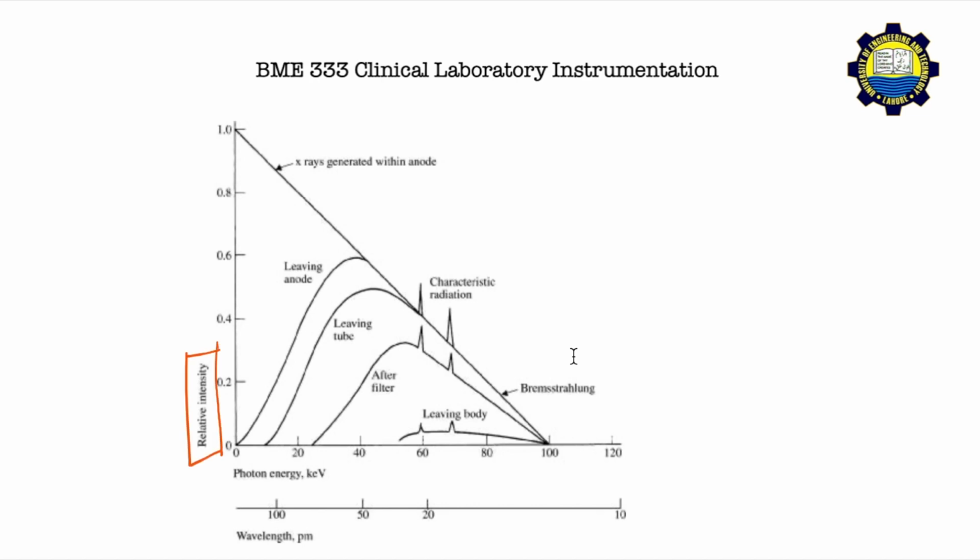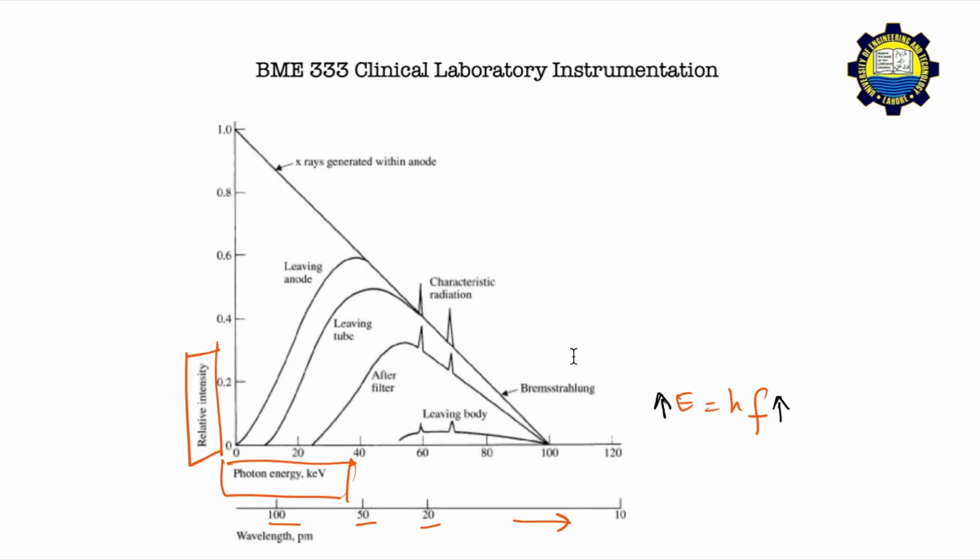On the x-axis is the photon energy. The wavelength is decreasing, as you can see. We are already familiar with E equals hf. So if the wavelength is decreasing in this direction, it means the frequency is increasing, which means the energy is increasing since they're proportional, right?